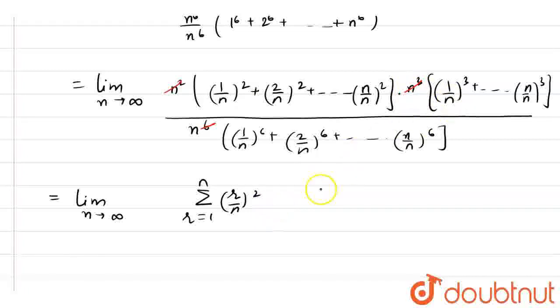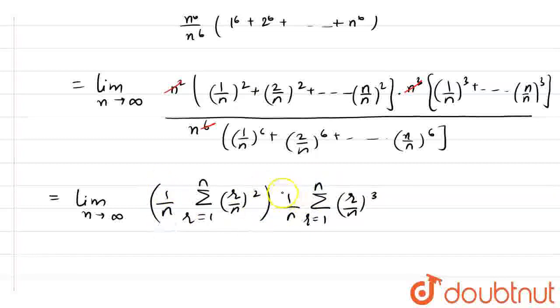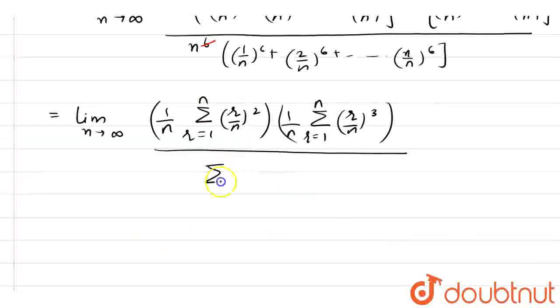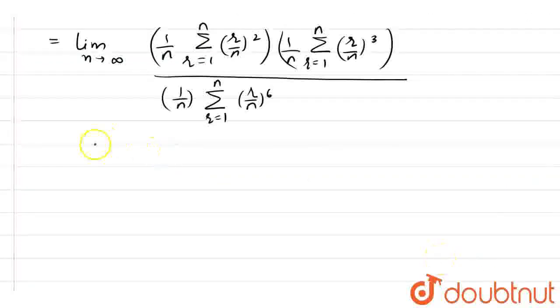Similarly I can write it as sigma (r by n) whole cube, where r starts from 1 and ends on n. Now we have 1 by n here, 1 by n here. This is my first term multiplied by this is my second term. Now I can also write this as sigma (r by n) to the whole power 6, where r is 1 and ending on n, and we have 1 by n also here. Now all the terms are balanced here.